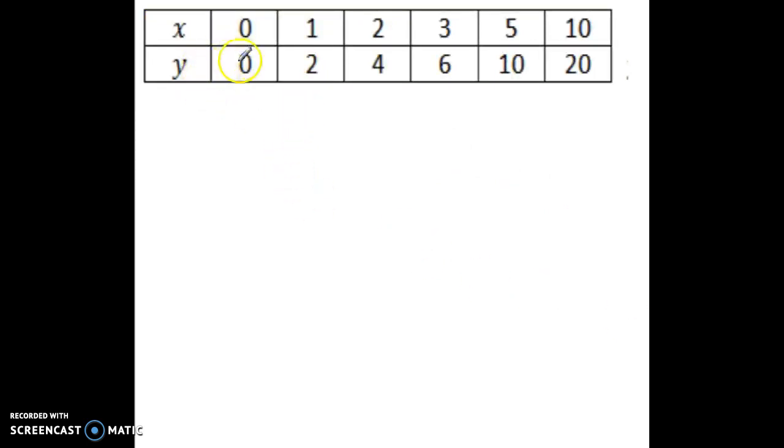So, one of the rules about y divided by x, we just ignore when there are zeros. Don't even worry about the zeros. We'll start with the rest of the numbers. So in this case, we'll do y divided by x. Well, 2 divided by 1 is 2. So now for this to work, every other answer has to come out 2. What's 4 divided by 2?